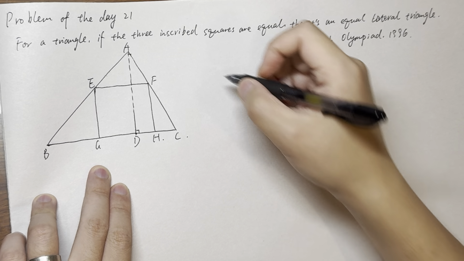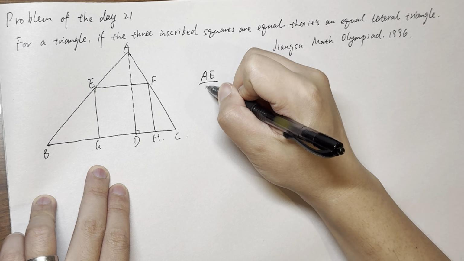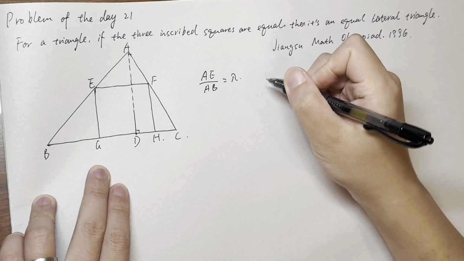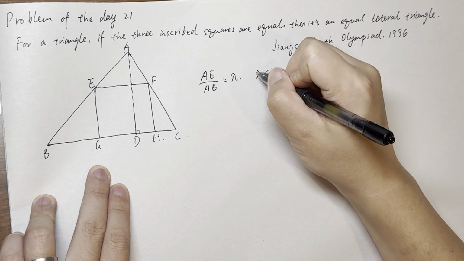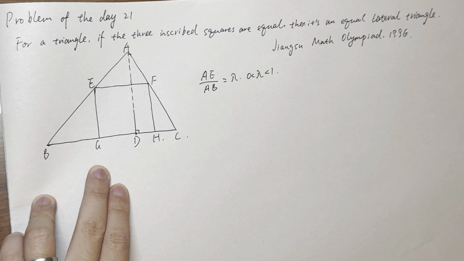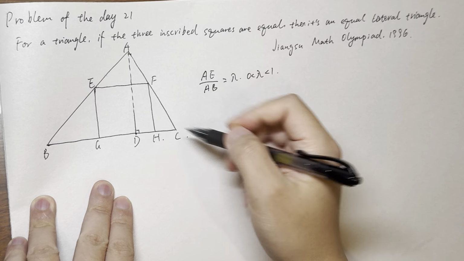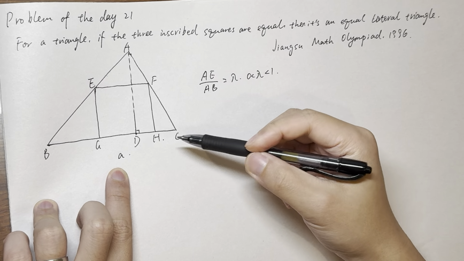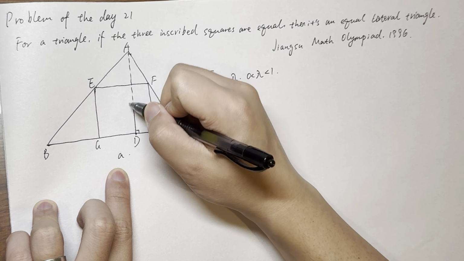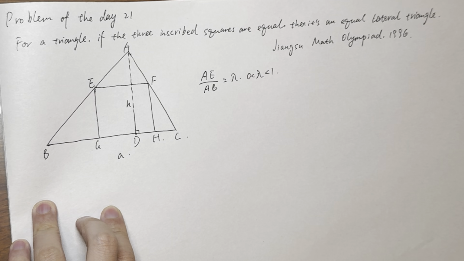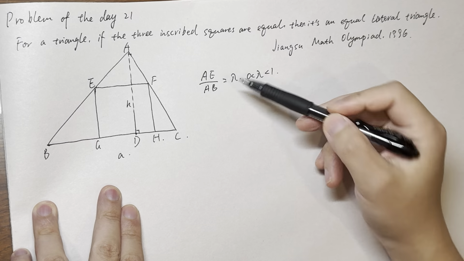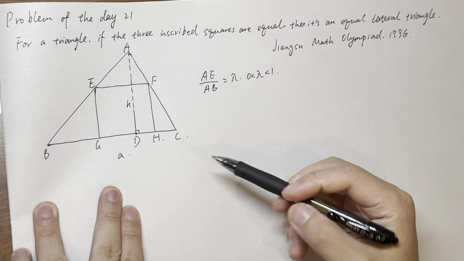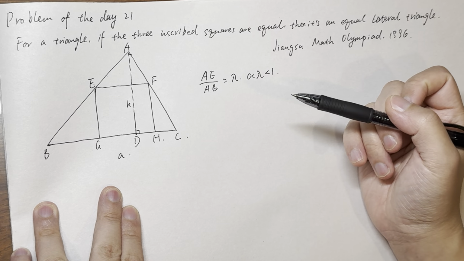Let's assume that the ratio AE to AB equals lambda, and we know that lambda is less than 1 and larger than 0. We can assume that the length of BC is a, and the length of AD is h. So we can use lambda, a, and h to calculate the length of the edge of the inscribed square.